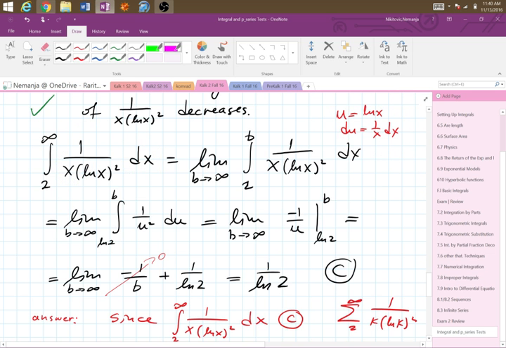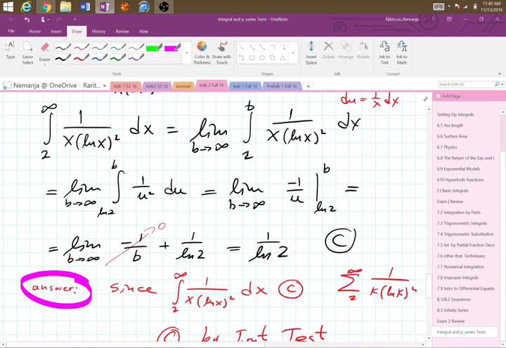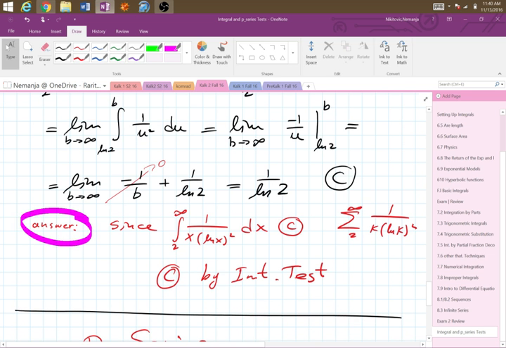So we have 1 over u squared, which when integrated becomes negative 1 over u. Plug in all the values to get 1 over ln 2. So again, the integral converged, therefore for our answer we can say that since the integral converged, the series converges by integral test.